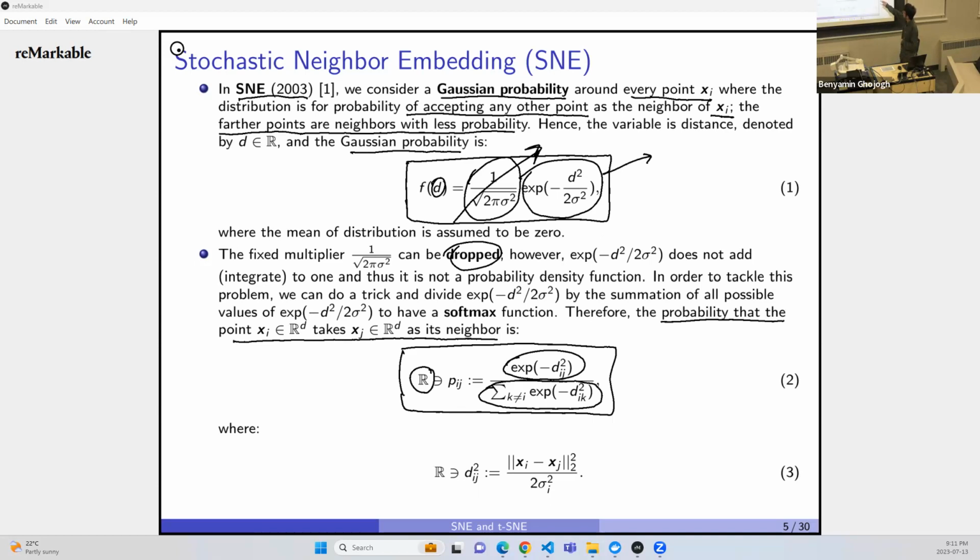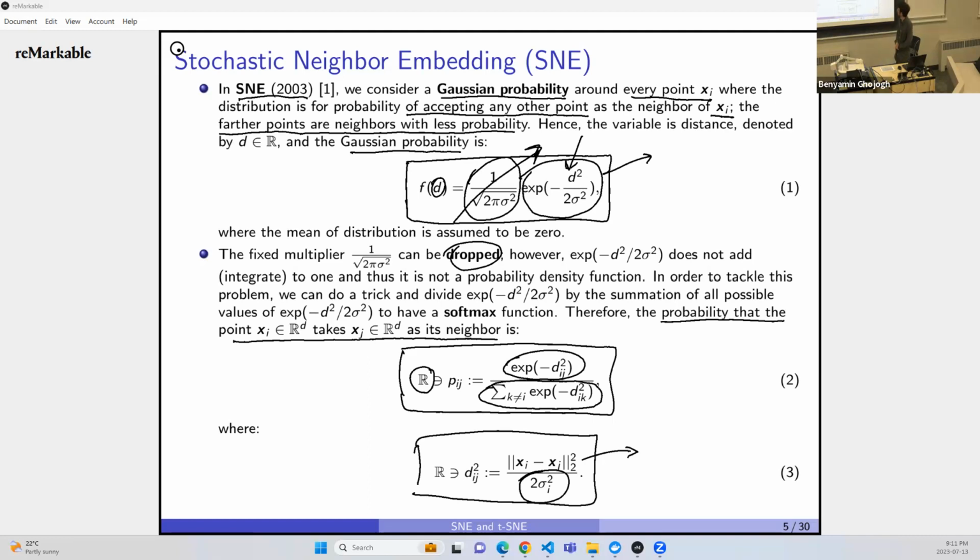I write it as exp of minus dij squared. Dij squared is the squared Euclidean distance between xi and xj with some normalization factor, 2 sigma i squared, exactly as we have in the Gaussian distribution. However, in the denominator, I need to normalize it so it sums to 1. Here I sum over all k not equal to i.